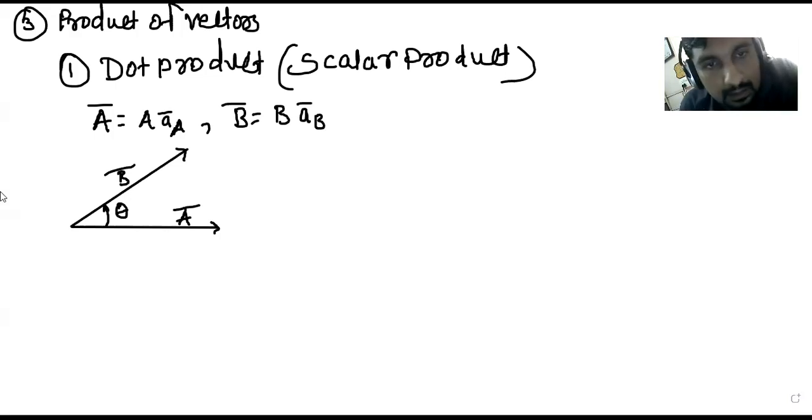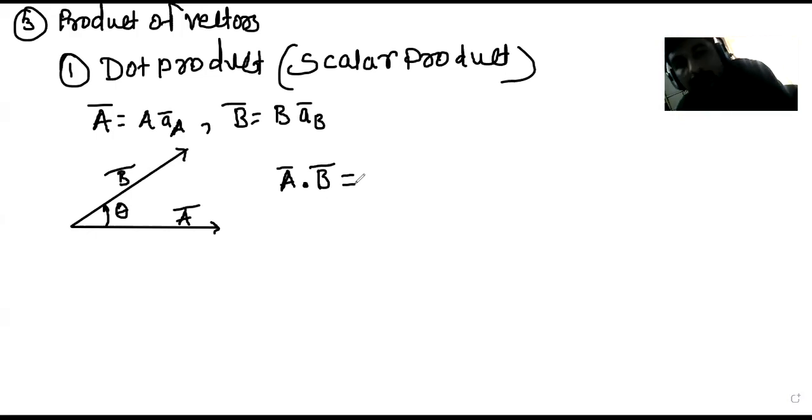Now I am going to define the dot product. The dot product is written as A bar dot B bar. This is the mathematical way of defining it. As per the definition I just said, the dot product or scalar product is equal to the product of the magnitudes of those vectors multiplied by the cosine of the angle between them.